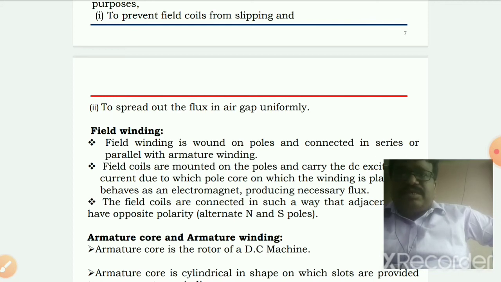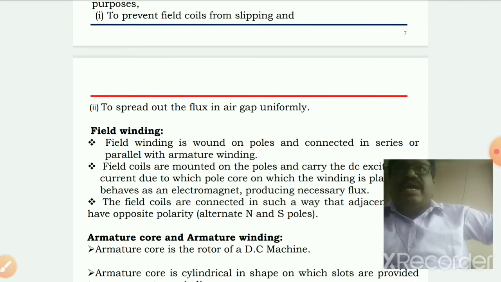The field coils mounted on a pole shoe carry the excitation current which is required to make the magnetic poles electromagnets. For that purpose these magnetic field winding coils are connected to an external battery in opposite polarity, so that they form alternate magnetic poles, that is, north and south polarity. So this is the main purpose.